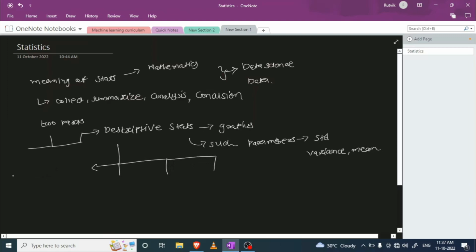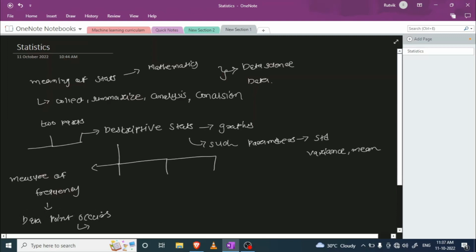The first part is measure of frequency. In this part, we count how many times a particular data point occurs.